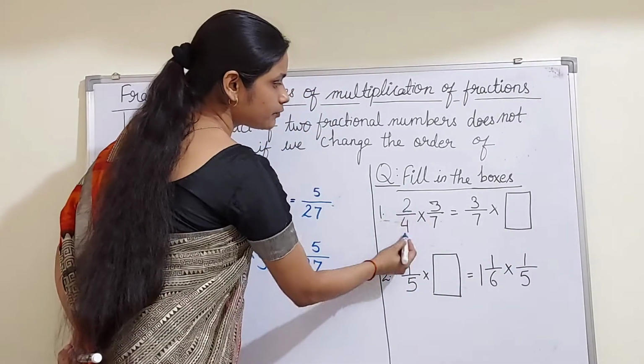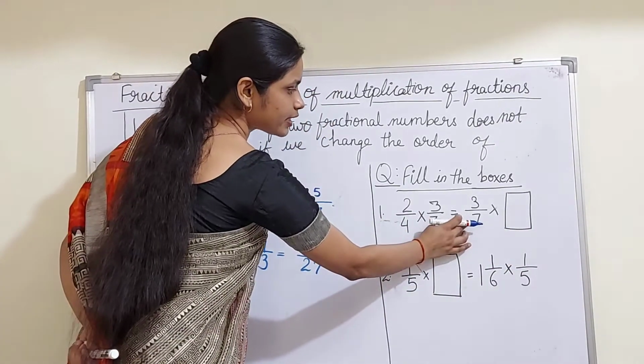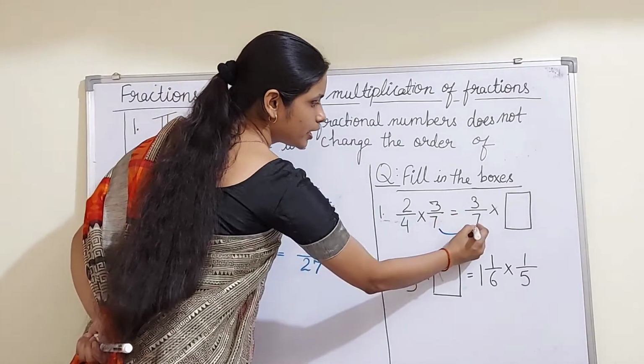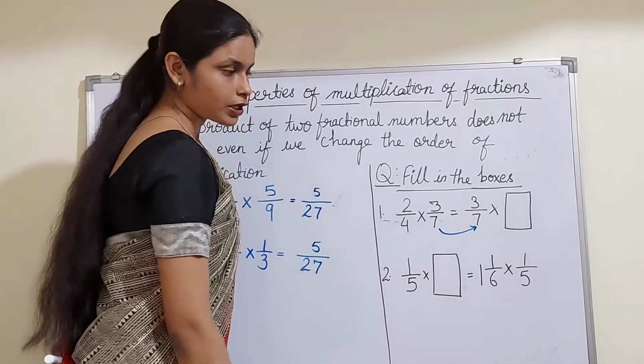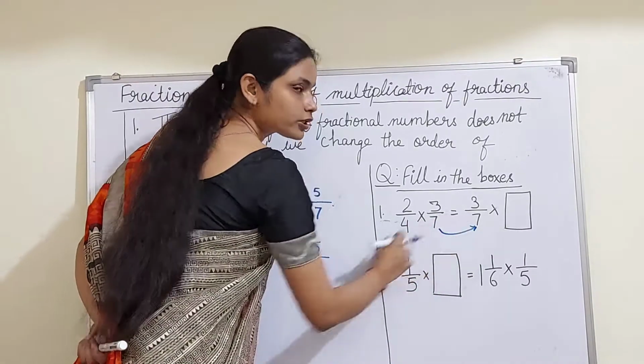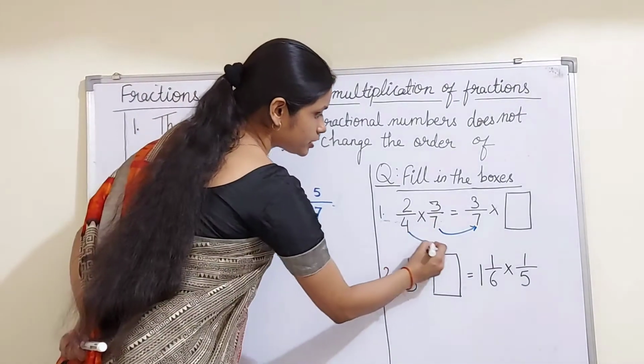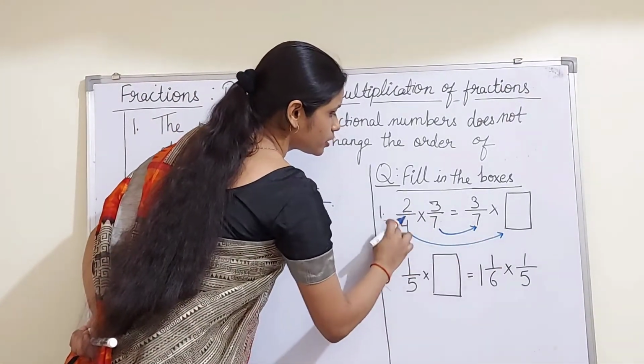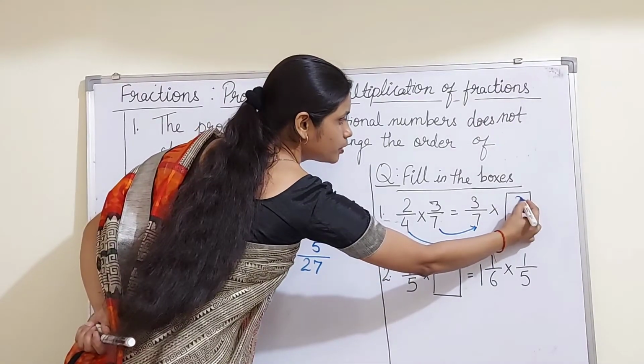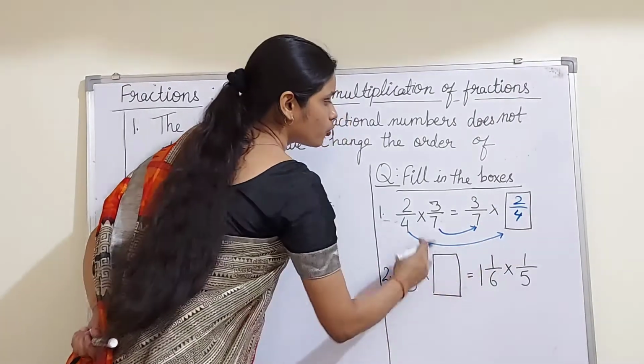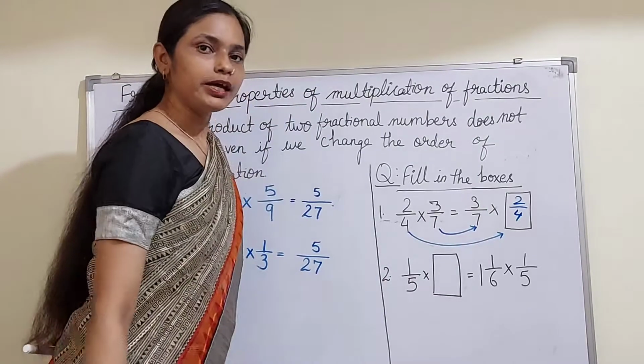Now see, 3 by 7 is written on the left, which is also here on the right. So what should be here so that both can be equal? This fraction should be written here. So on the right hand side it should be 2 upon 4. Only then both sides will be equal.